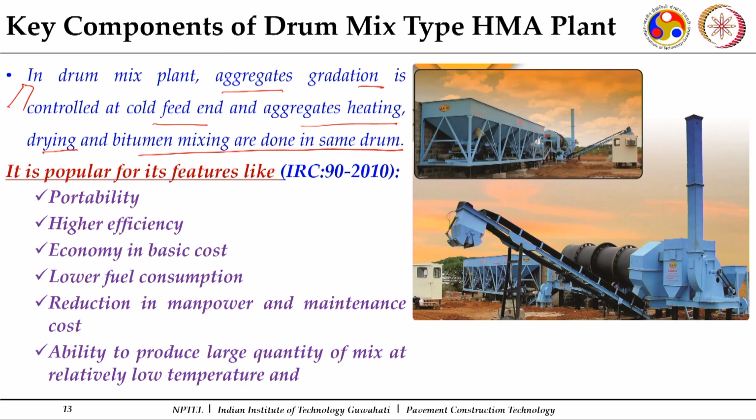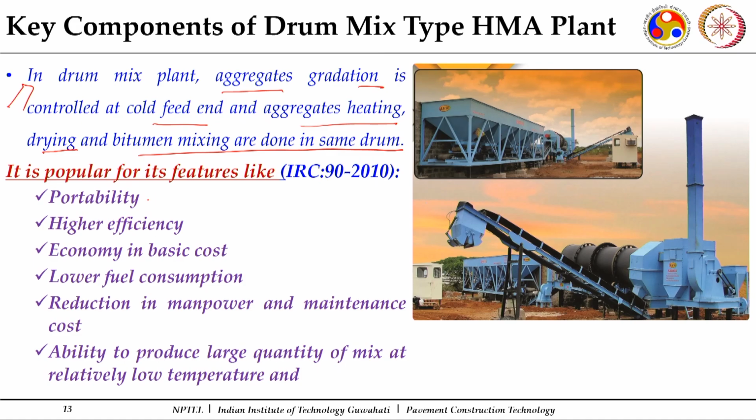This usually happens in one drum, or many times in a second drum. There is no hot elevator to lift and separate it, it is not produced in batches, and it is a continuous production. That is why they are many times called continuous type hot mix plants. So, those are your drum mix plants.